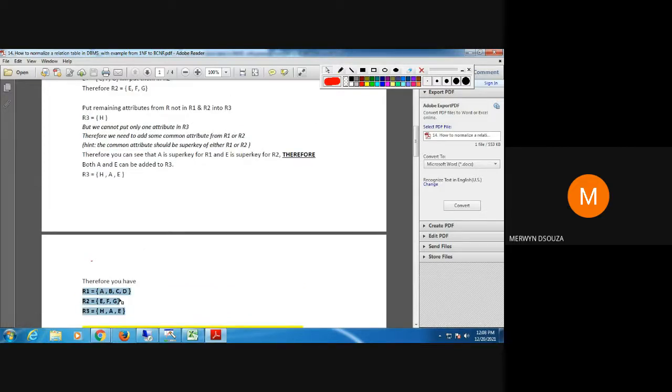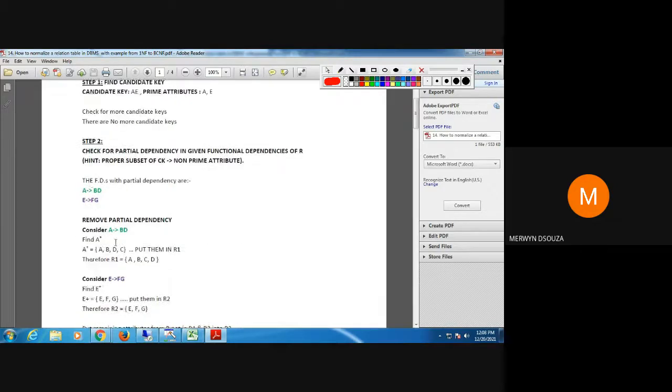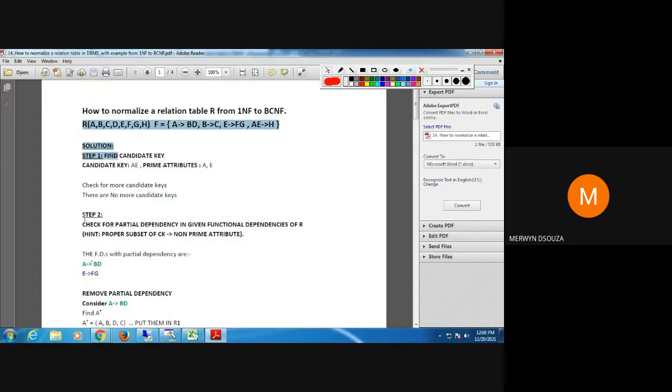R1 has the attributes A, B, C and D. R2 has the attributes E, F, G, and R3 has the attributes H, A and E. Since there was a violation in second normal form, a partial dependency, R has got divided into three sub relations: R1, R2 and R3.